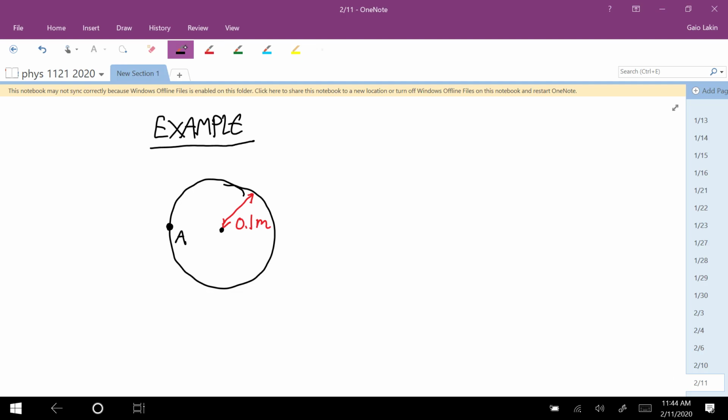And let's say that at the point A, omega is equal to -20 radians per second.